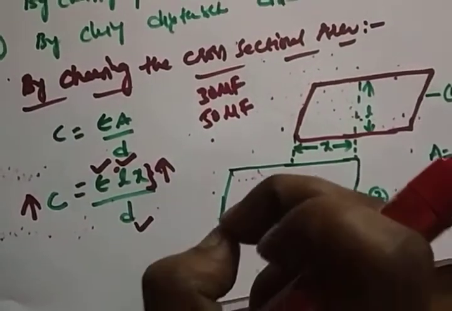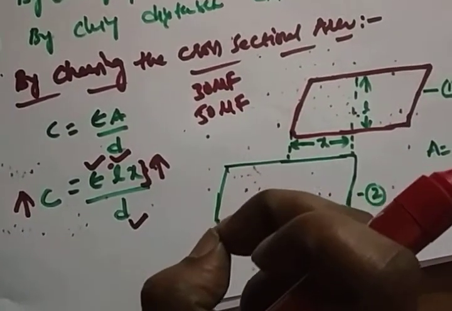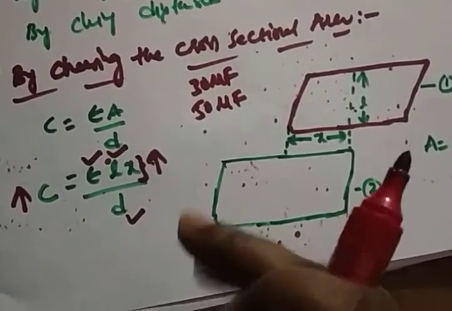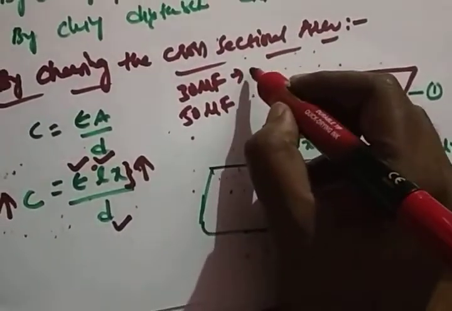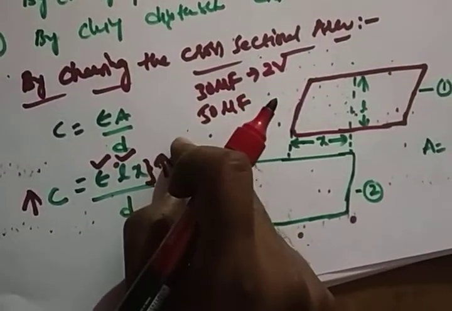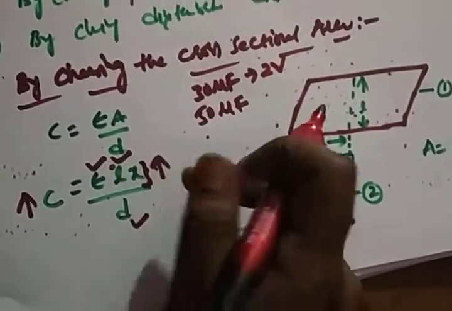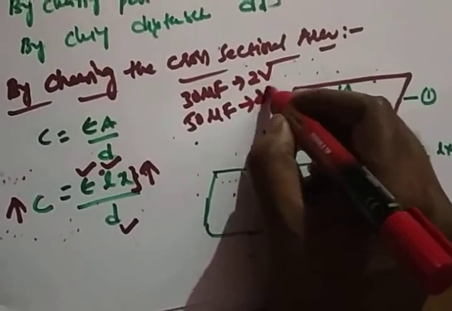Whatever voltage occurs at the change in capacitance will be my displacement. At 30 microfarads there is 2 volts when you check with a voltmeter. You apply a displacement, the capacitance changes to 50 microfarads, and then the voltmeter gives the voltage as 8 volts.